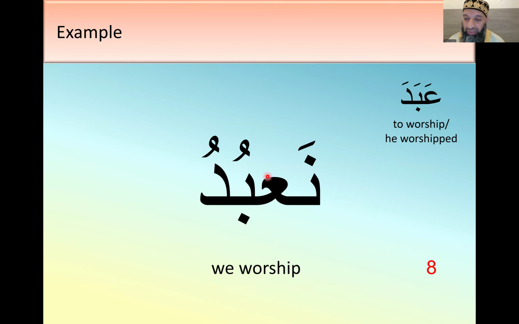Because the noon itself means we all. The noon means we. The na is already doing the una's job, right? So you won't say na'buduna, just na'budu, because the noon means we. So the noon made it plural.